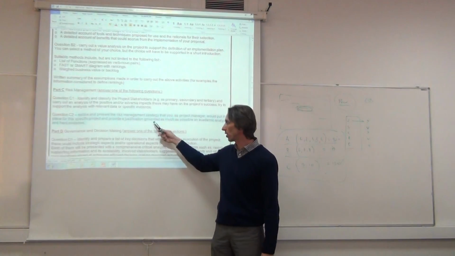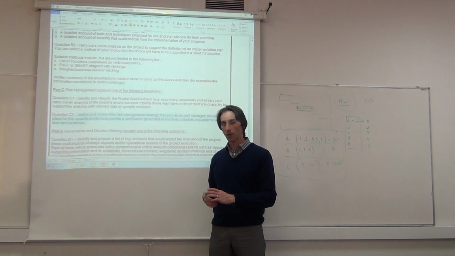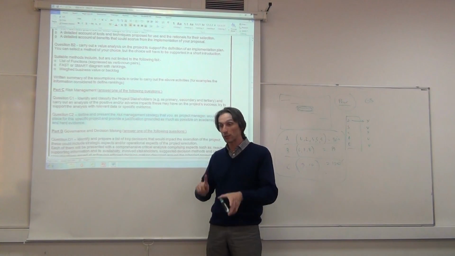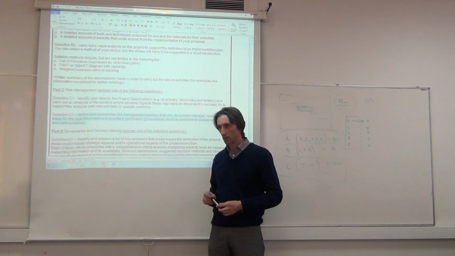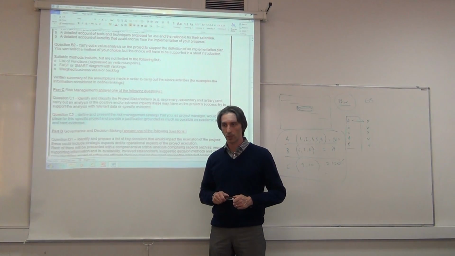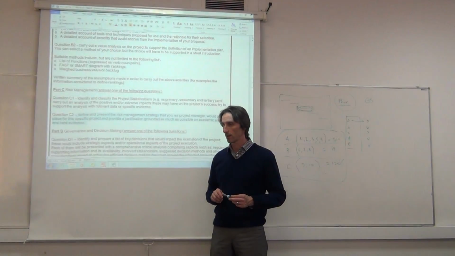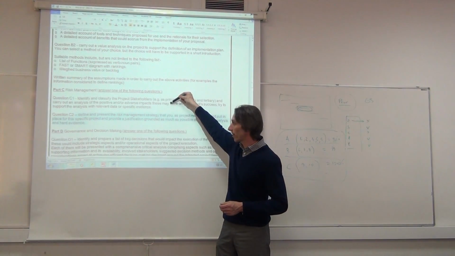So you're not creating a risk register. You are telling us that the risk register is the right tool for this project. It's a management of that risk. It's a management strategy. So this is more similar to a risk register.